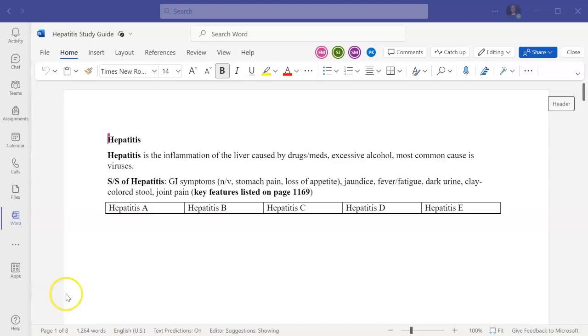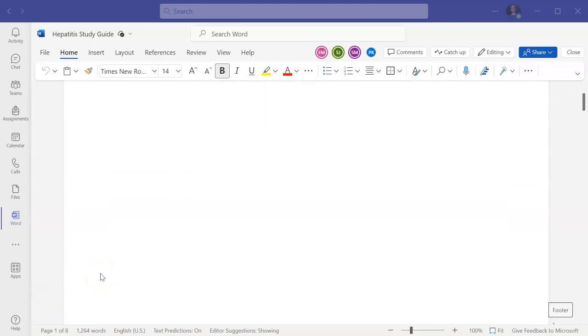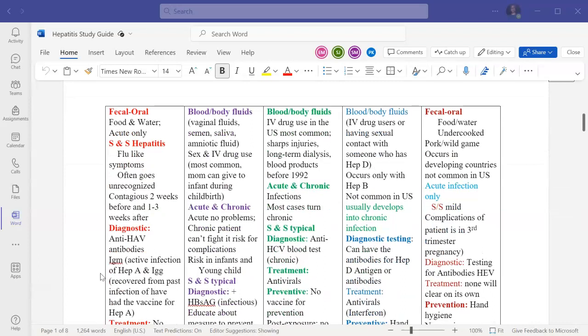If you look on your study sheet, you're going to find that hepatitis A and E are very similar. How so? They're both transmitted by oral fecal route, food and water, undercooked food, okay?